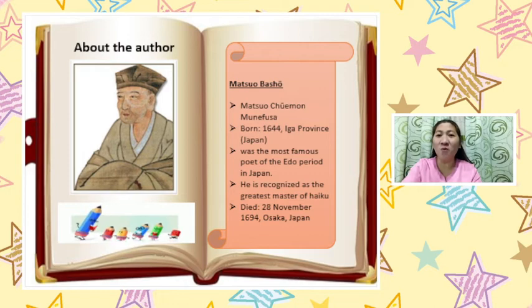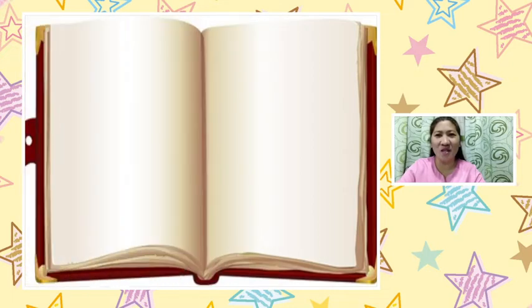He was the most famous poet of the Edo period in Japan. He was also recognized as the greatest master of haiku until he died on November 28, 1694 in Osaka, Japan.